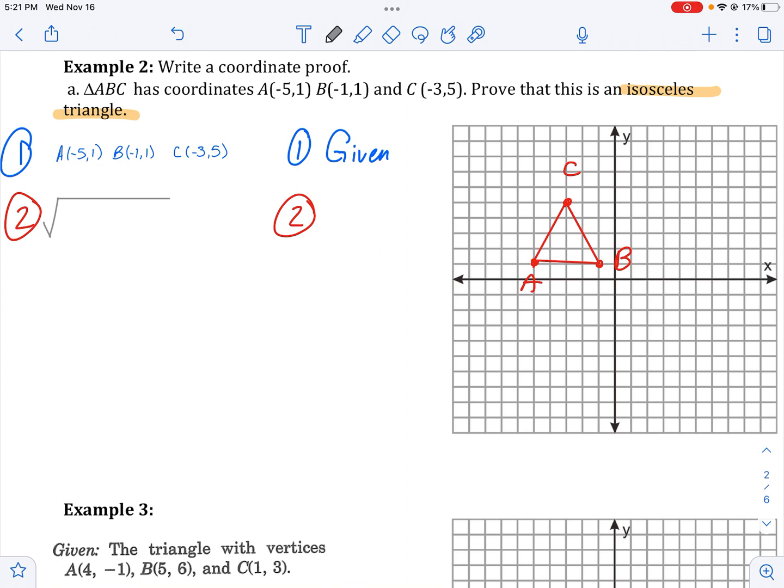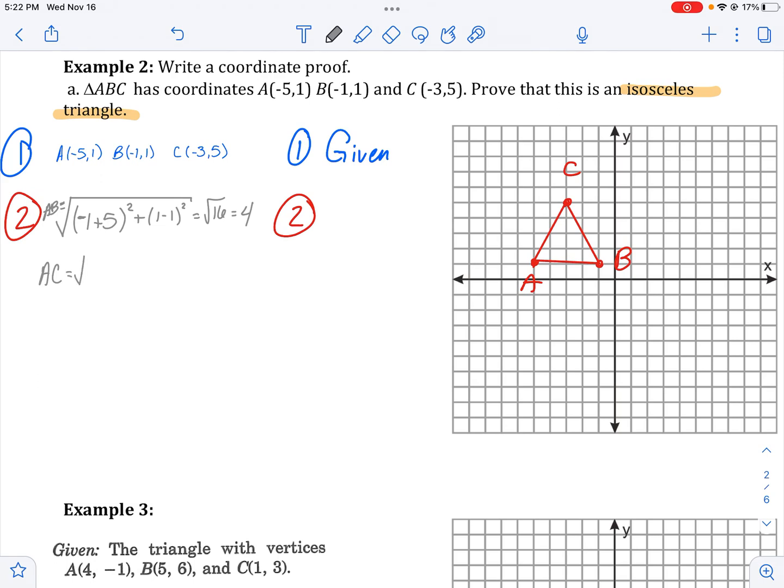So if I want to find the distance of AB, I would start by saying AB equals the square root of -1 minus -5 squared, plus 1 minus 1 squared. So this would be the square root of 16, which is 4.